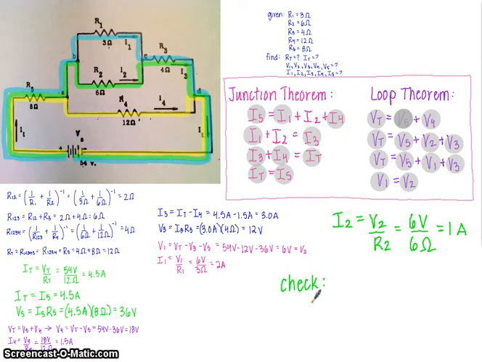So we can see that I1 plus I2 is supposed to equal I3, which it does: 2 amps plus 1 amp equals 3 amps. Or we could do the same thing with the first equation and see that I5 equals I1 plus I2 plus I4, which it does as well.